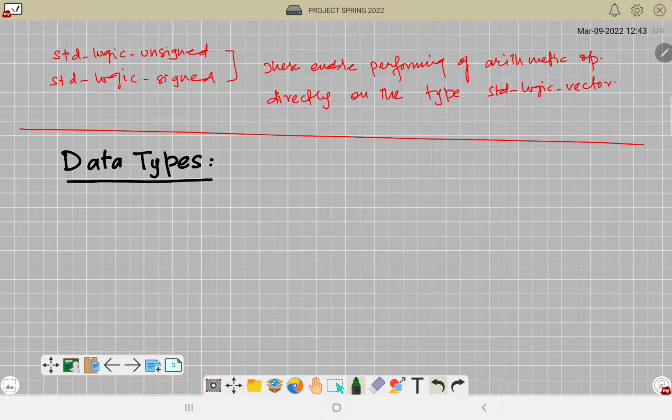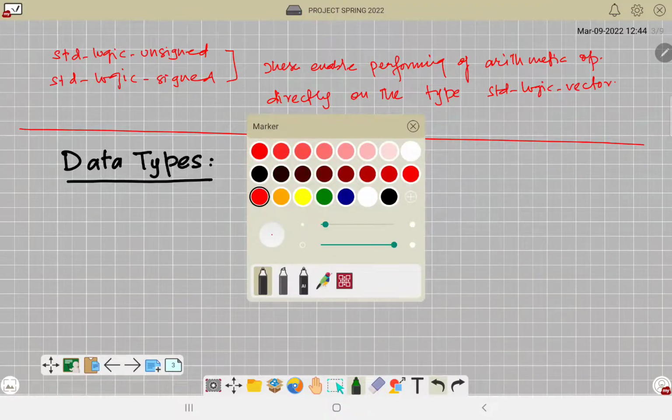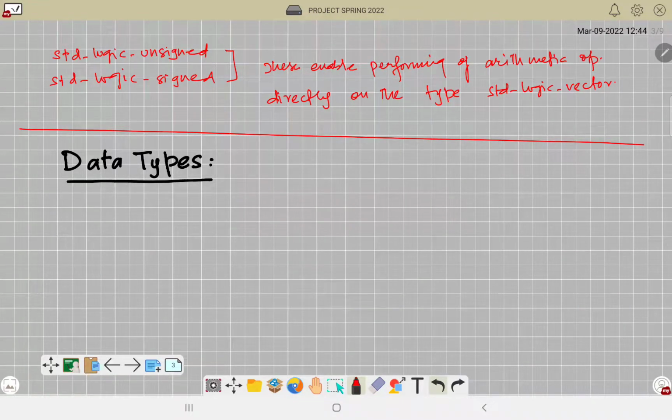Now we're not going to discuss वो सारे data types हम यहाँ पे discuss नहीं करेंगे because we are only interested in that part that we may use in our project. ठीक है? So let's start with simple data types that we may be using in our project. It is the data type integer.